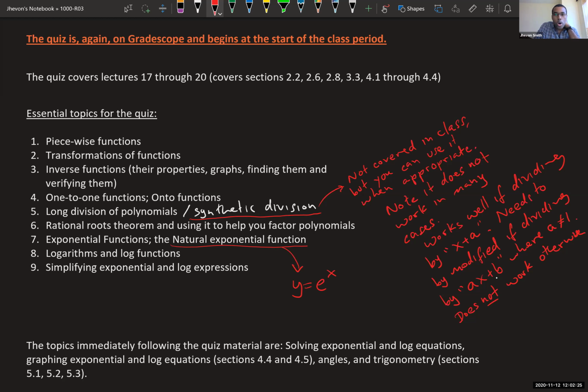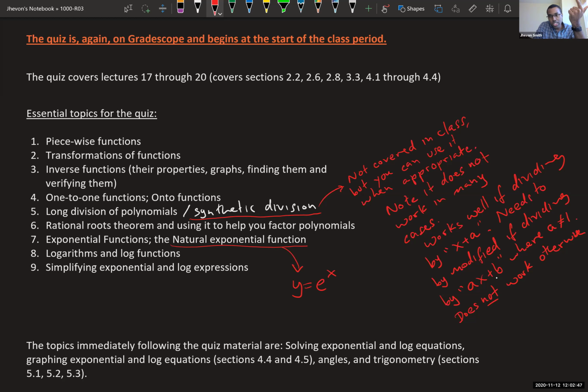In this class, there's one more type of function I'm going to introduce, which is the trig functions, which comes after. And so at this point, if you're keeping count, you'll notice that there are really 6 kinds of basic functions that we like.